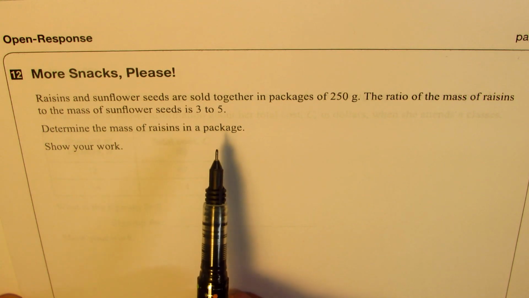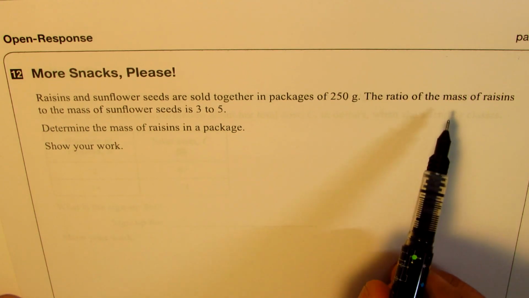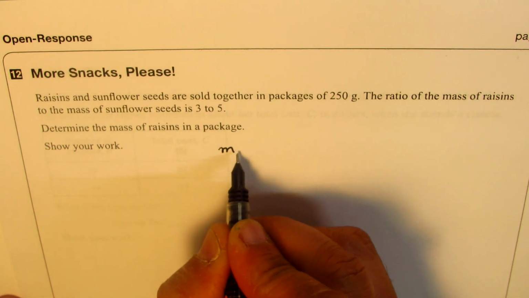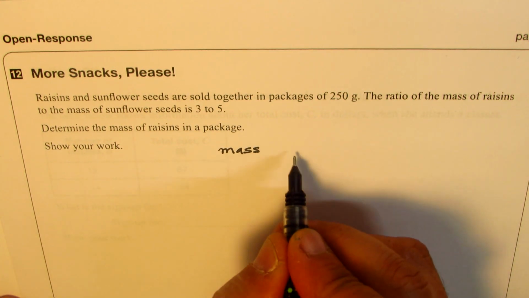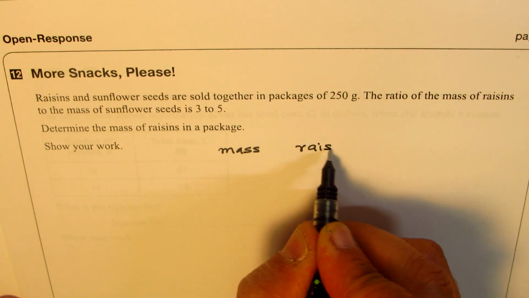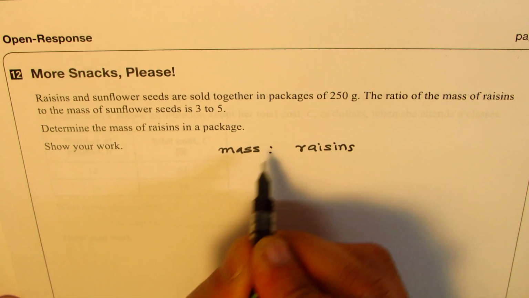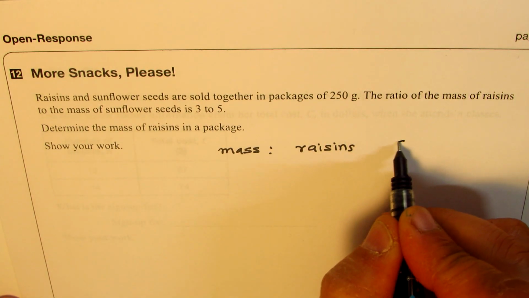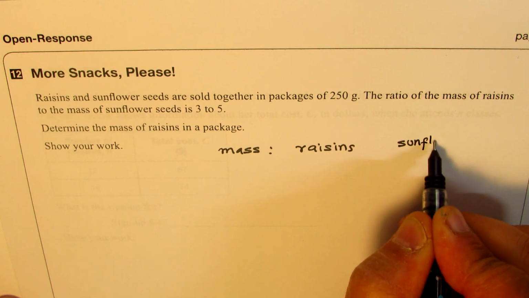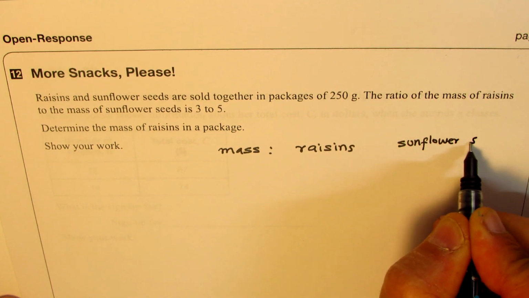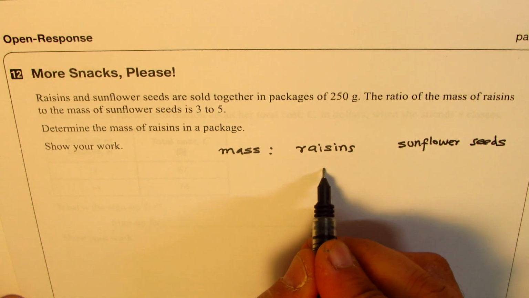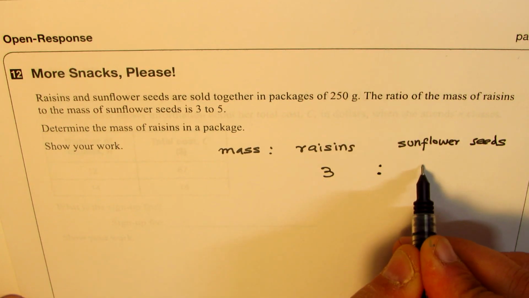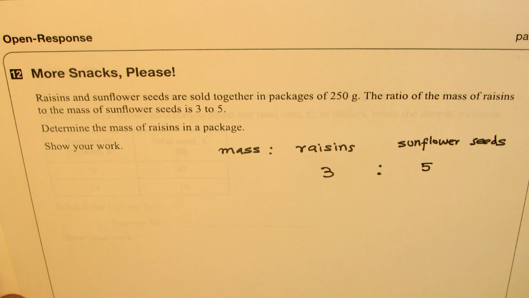Let's understand the concepts. So we are talking about mass of two things mixed. One is raisins and the other thing is sunflower seeds. The ratio is given to us as 3:5, right?